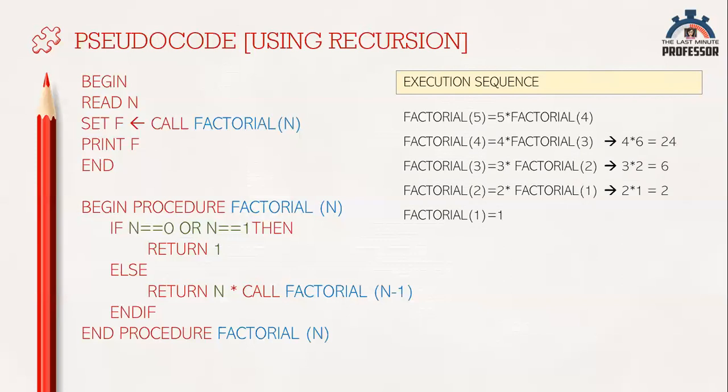So 4 into 6, that is 24. This value gets returned to the previous function call, that is factorial of 5 is equal to 5 into factorial of 4, which is 5 into 24, that is 120. This is how the value of factorial of 5 is calculated using recursion.